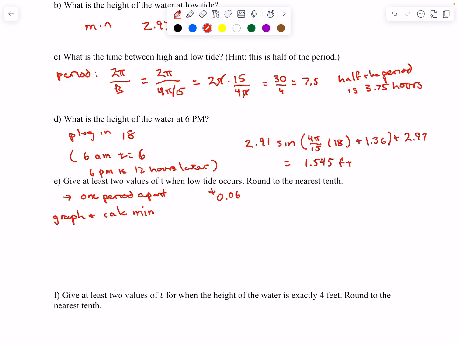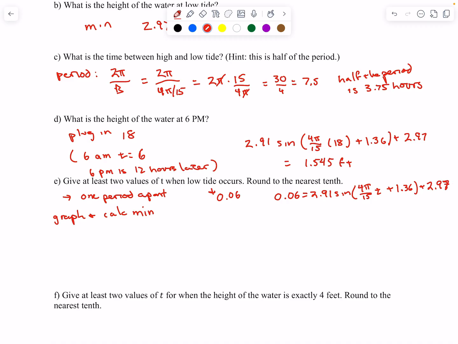So we'll set the equation equal to 0.06. How do we solve this?